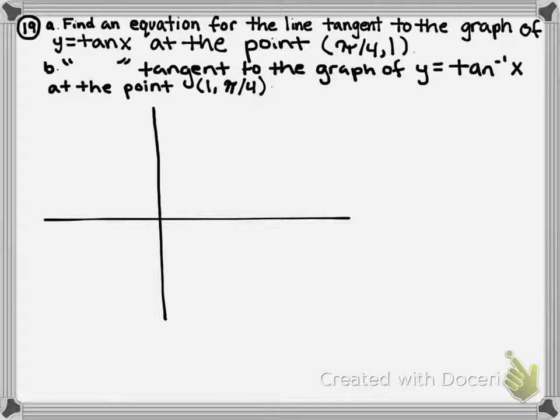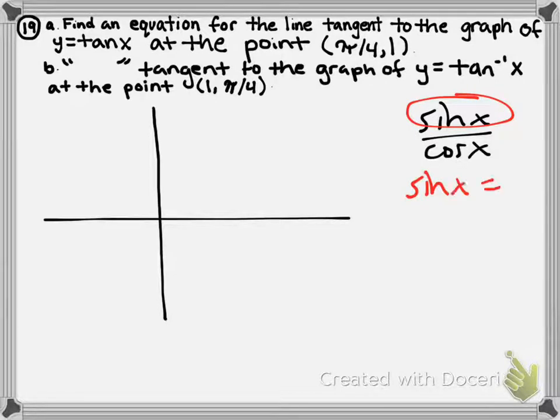graph of y equals the tangent of x. And remember, tangent of x being sine x over cosine x has zeros whenever the sine of x is equal to 0, and sine of x is equal to 0 at x equals 0, pi, 2 pi, and so forth.